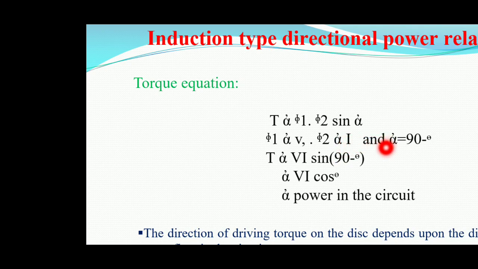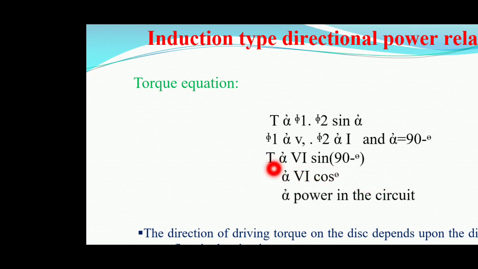Then alpha equals 90 minus theta, so the torque is proportional to VI, replacing phi 1 and phi 2 by V and I. That is proportional to VI sin of 90 minus theta, which we take as cos theta. VI cos phi means the power. Then the torque is proportional to the power in the circuit.